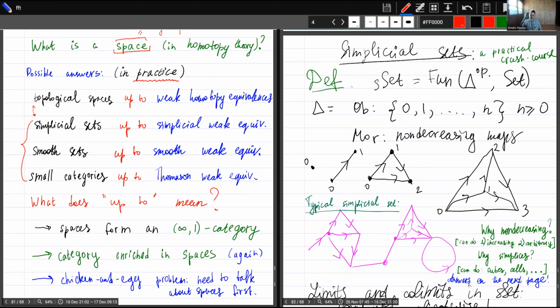Well, the basic reasoning behind the definition of a simplicial set is exactly the same. You should imagine some geometric shape assembled out of simplices. And here I drew a purple example. So you have 0-simplices, which are vertices, a whole bunch of vertices. You have 1-simplices, which are edges, a whole bunch of edges. You have 2-simplices, and let me draw maybe some. For example, imagine this triangle is shaded.